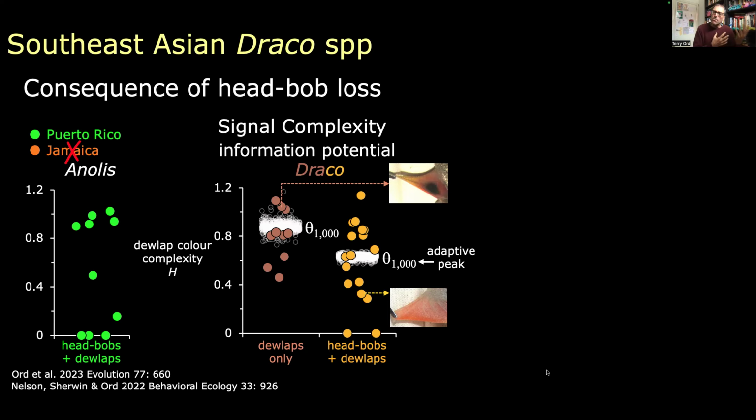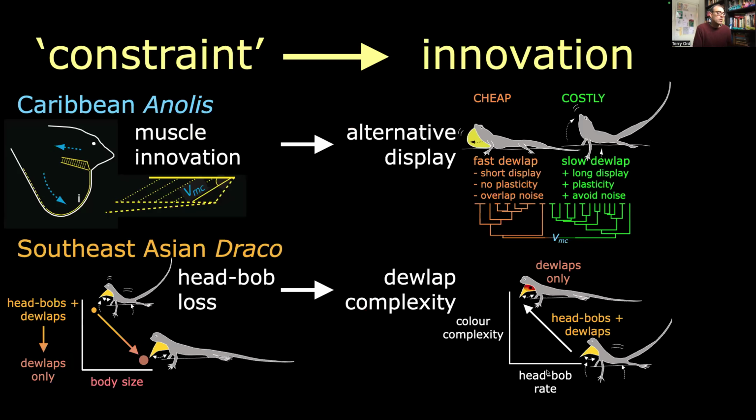But if we compare the complexity of that dewlap to the Caribbean anoles, that both have the dewlap, of course, but also the head bob, so they retain that head bob, that complexity really isn't very special. So those Draco that have lost the head bob component are still at a compromise in terms of the level of information transfer that they can potentially convey just using that dewlap. So that's some really interesting outcomes going on here.